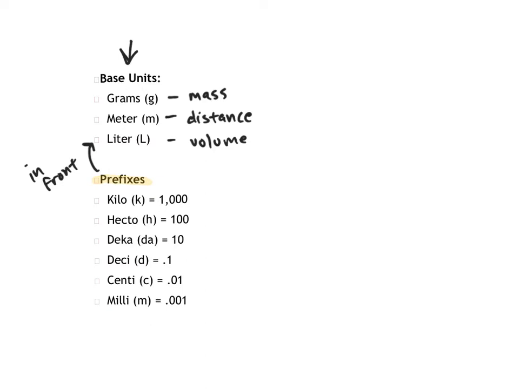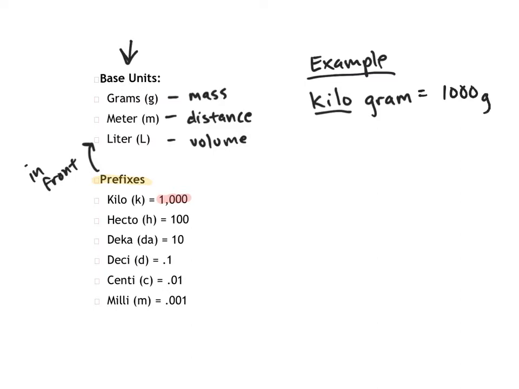So if I have, for example, kilo, that's the prefix, gram, notice that it is 1,000. Kilo stands for 1,000. So kilogram means 1,000 grams.